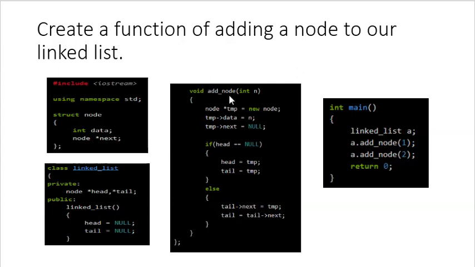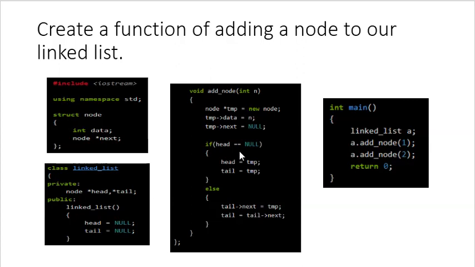But if you are running the program again and we already have a first node as head, then the temp will be assigned to the tail next, meaning the previous tail will be pointing towards the temp, because we are adding a second node to it.